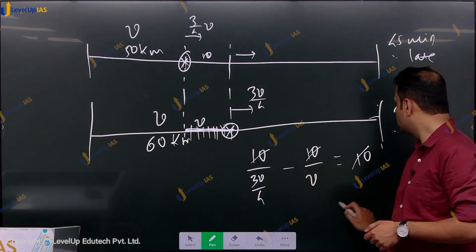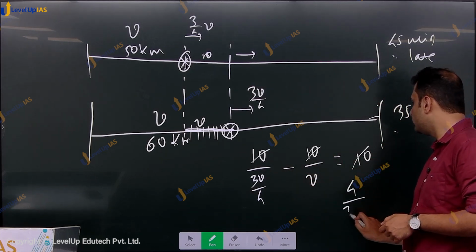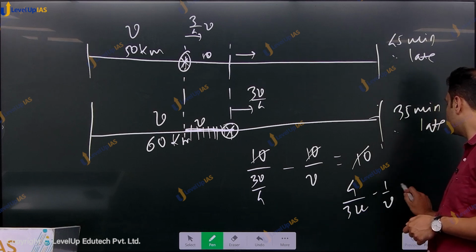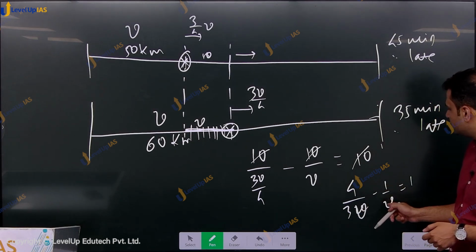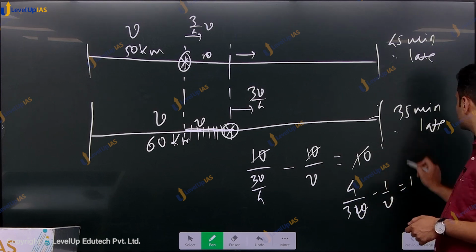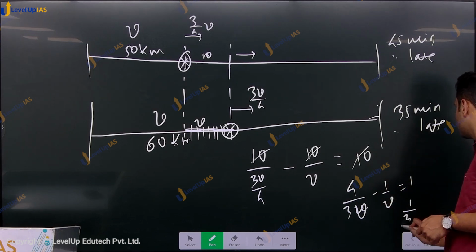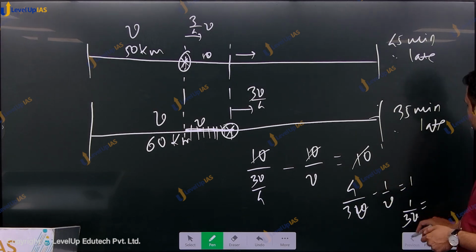You have 4 by 3V minus 1 by V is equal to 1. You can multiply here by 3. 4 minus 3, 1. So we have 1 by 3V is equal to 1 by 3. Right?